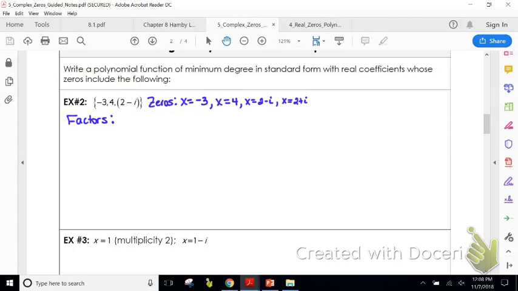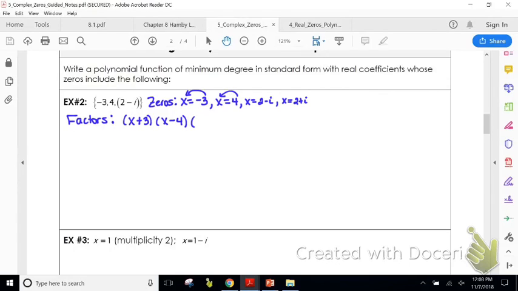So this first one, if x is equal to -3, when I move the 3 back over, I get a factor of x plus 3. And x equals 4 gives me a factor of x minus 4. Good.